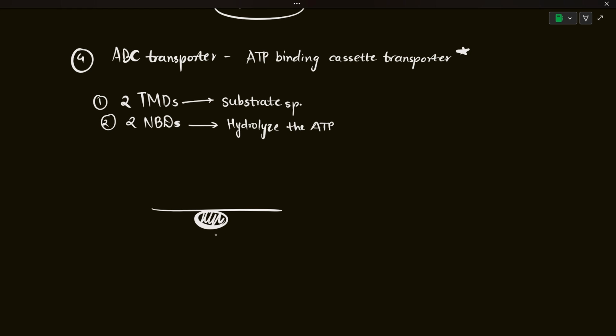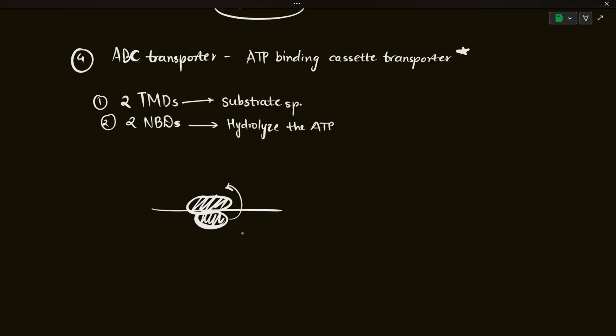Let's say this is the inward facing state of the transmembrane domain to which the substrate will attach. The conformational change carries it to the outward facing state, and now the substrate will be released to the other side of the membrane.